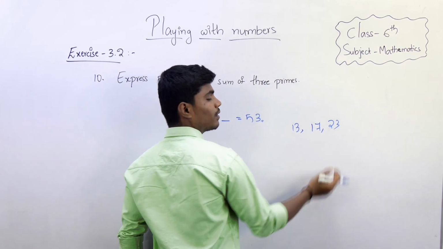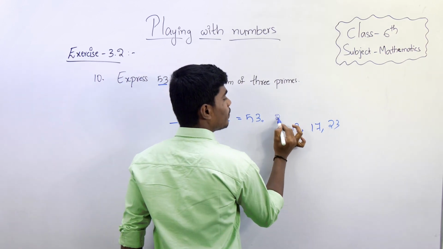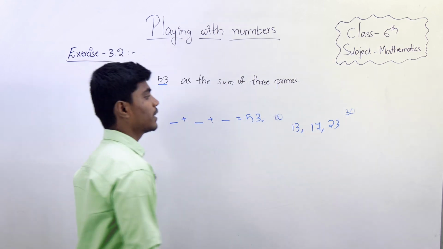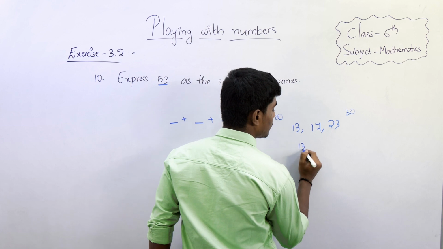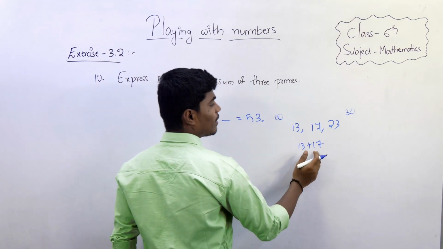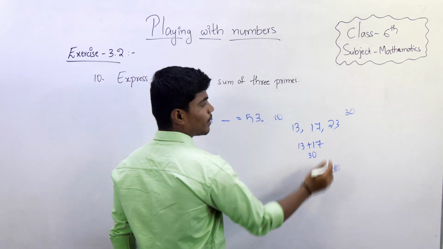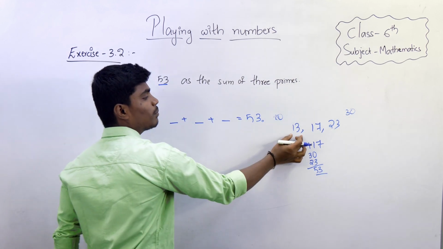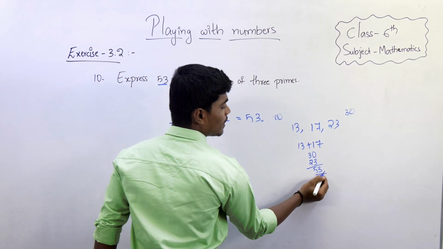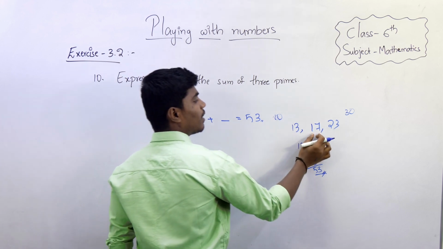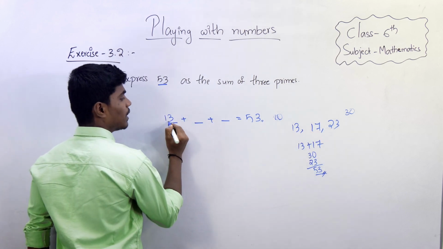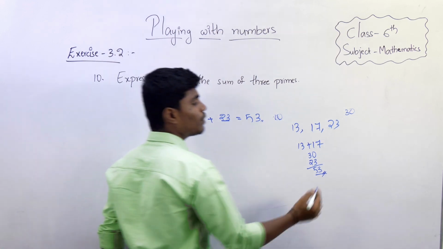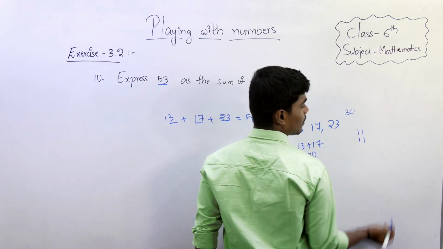These are prime numbers between 10 and 30. Here 13 plus 17 is 30, plus 23 is 53. If you observe, 13 plus 17 plus 23 is equal to 53 and these three are prime numbers.